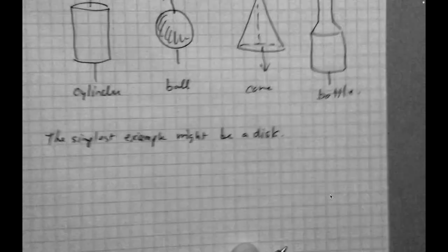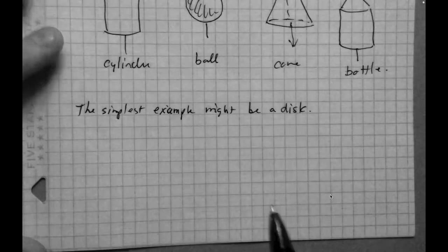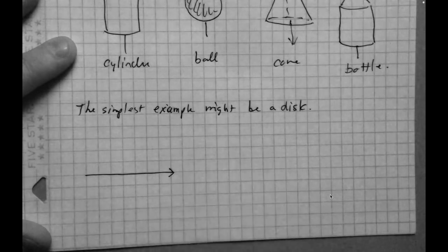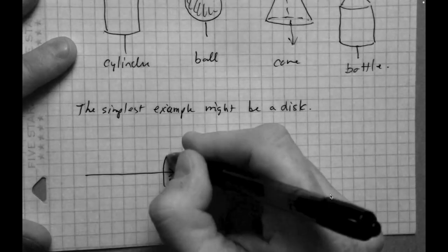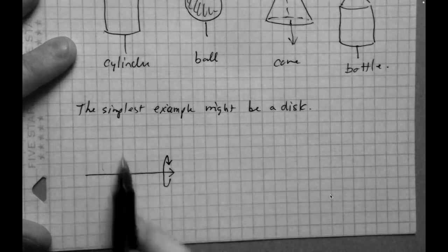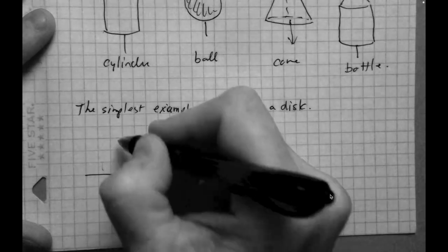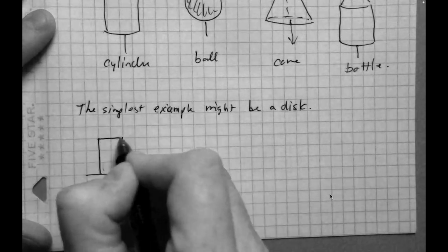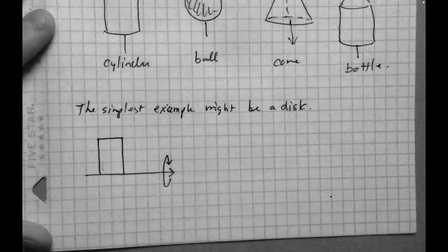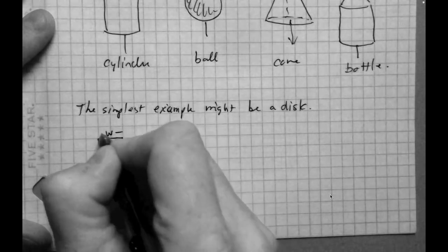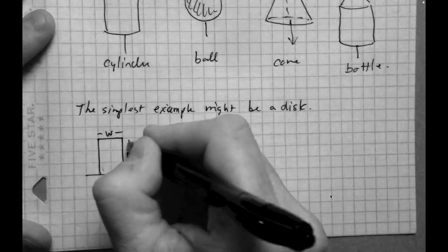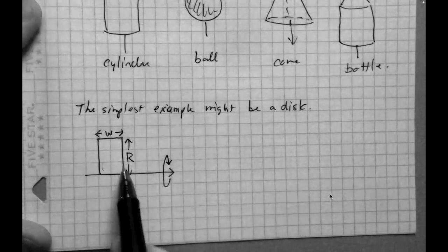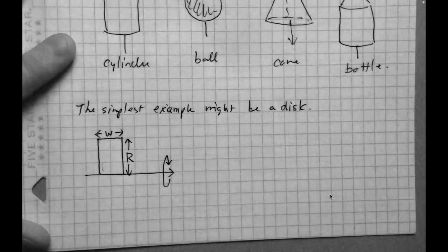So if I start with, here's my axis of revolution, and I'm going to be rotating whatever I build on this thing in this manner. And if I just build a basic rectangle here, we'll say this rectangle has a certain width and a certain height, and we'll denote height by R, width by W. Why we use R here will be clear in a moment.